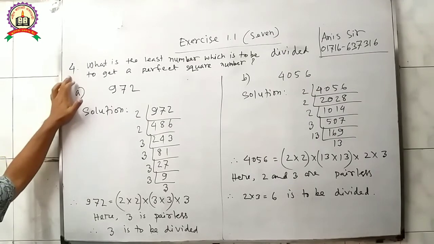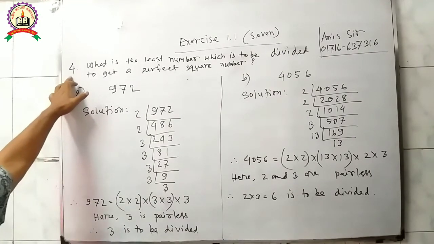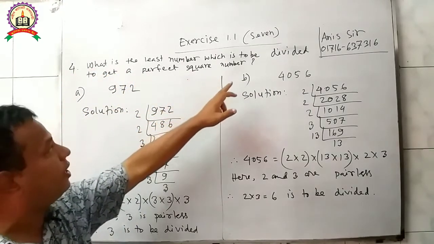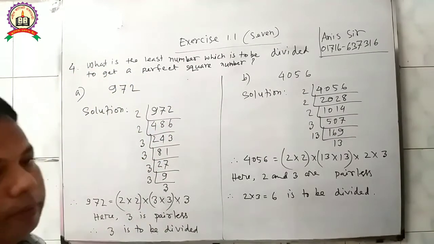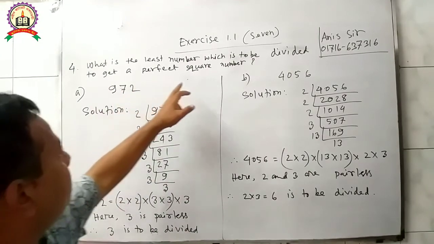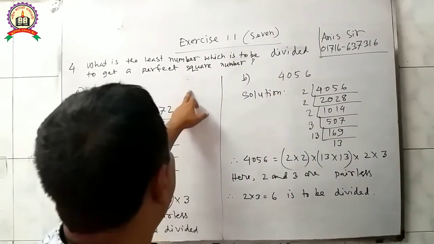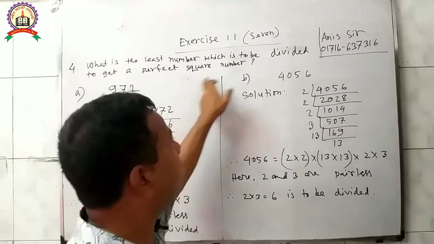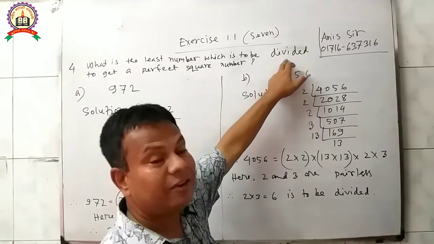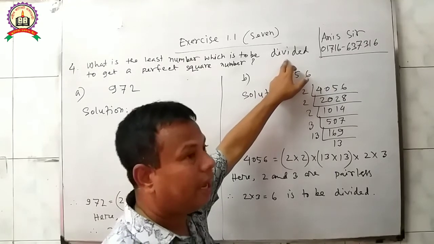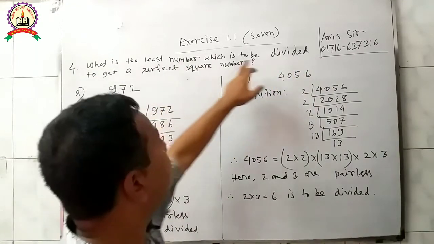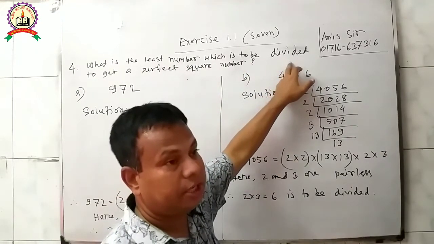Now problem number 4. What is the least number by which we divide to get a perfect square number? Earlier, in question number 3, it was multiplied, and now in question number 4, it is divided.